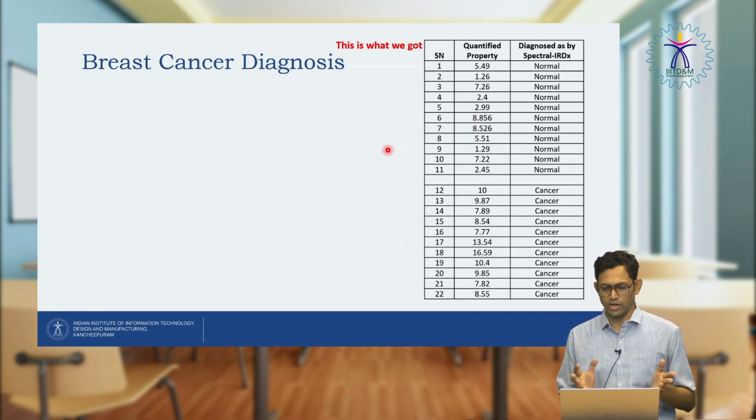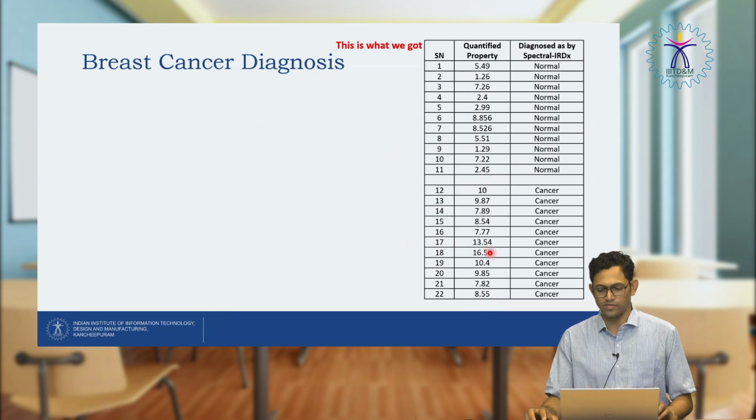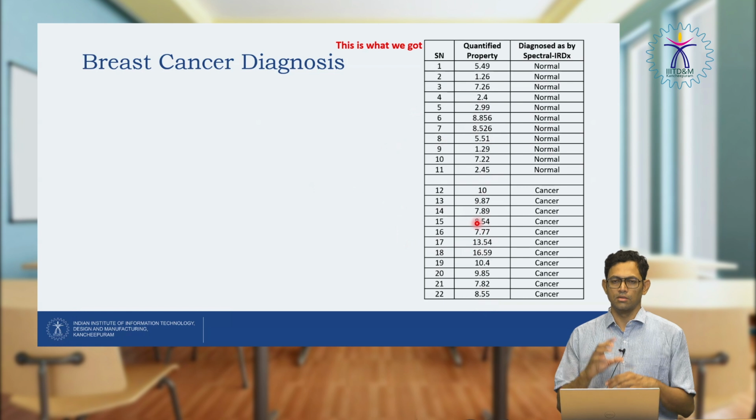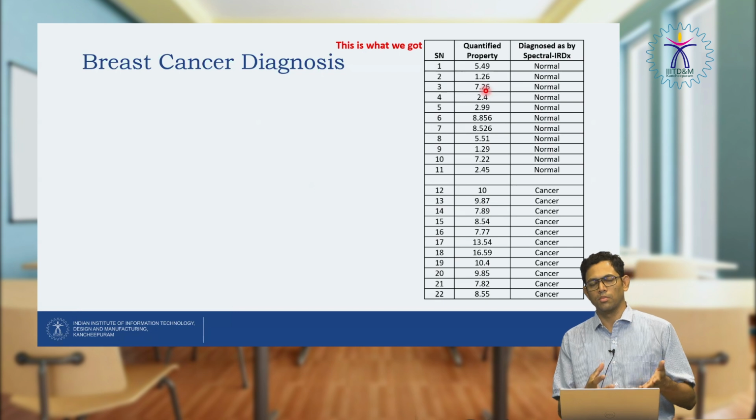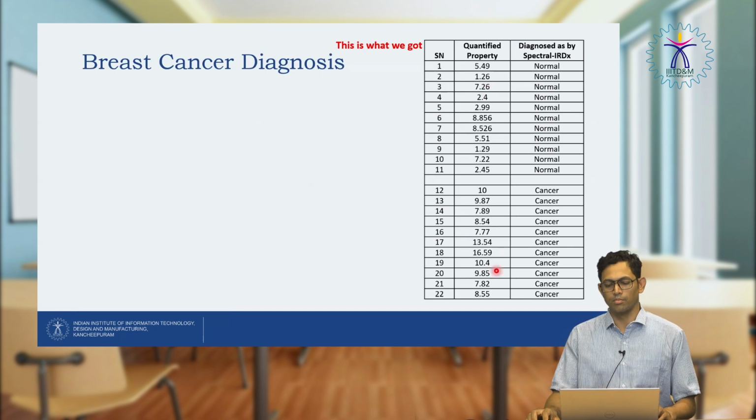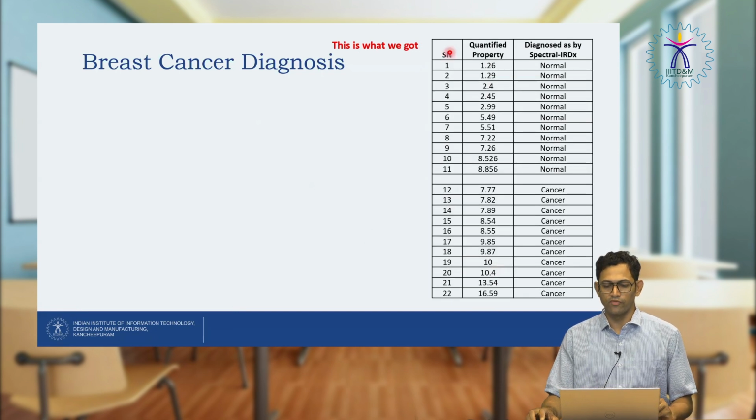I hope you have paused the video and tried to find out, and what you find over here is that cancer has higher values of the quantified parameter as compared to normal. So normal has lower values of this parameter as compared to cancer. So what we do is we now make it into ascending order. You can see everything is now in ascending order.